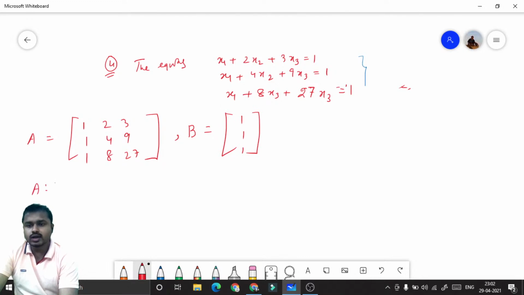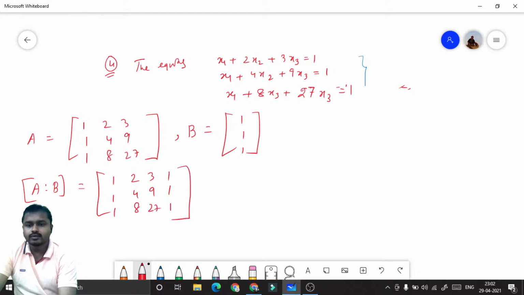Just construct your A augmented B matrix and try to find the rank: 1 2 3 1, 1 4 9 1, 1 8 27 1. Now use elementary transformations and try to find the rank of A and rank of A augmented B, and then you can conclude the rest.